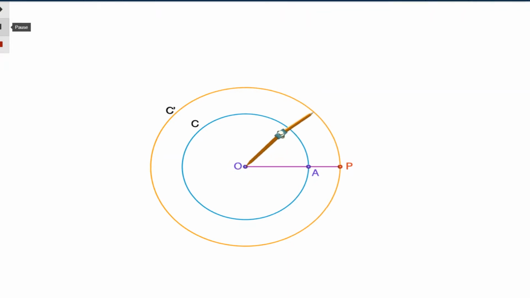A perpendicular bisector of a line segment passes through the midpoint of the line segment and intersects the line segment at 90 degrees.